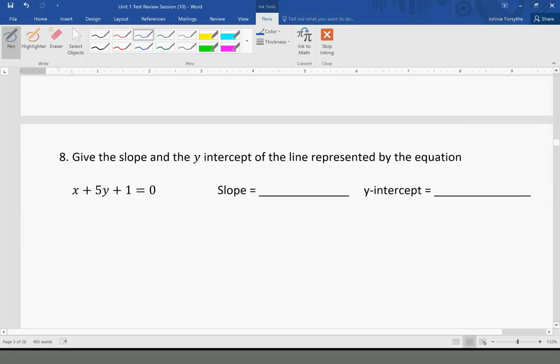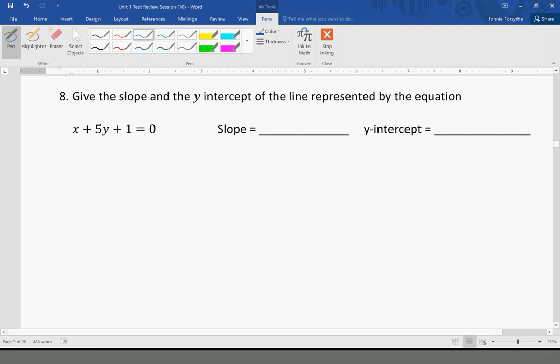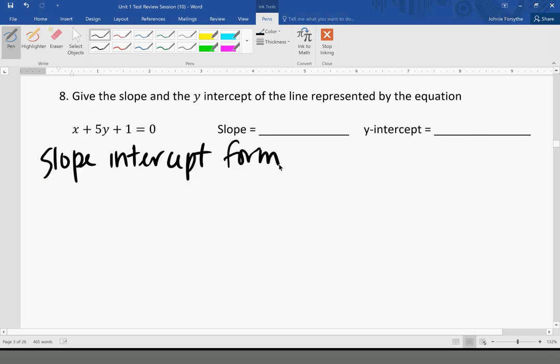Okay, number 8. Solve the slope and the y-intercept of the line represented by the equation x plus 5y plus 1 equals 0. If we want to identify the slope and the y-intercept, the best thing is to put the equation in slope-intercept form.